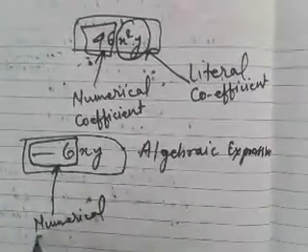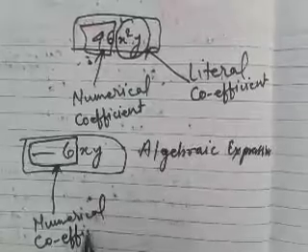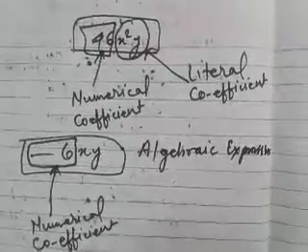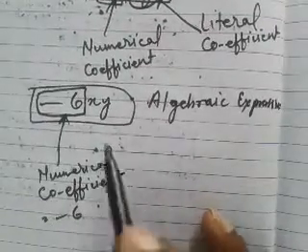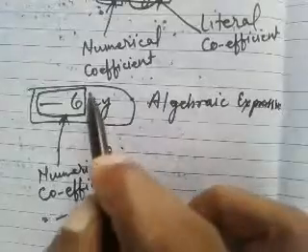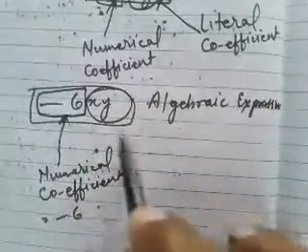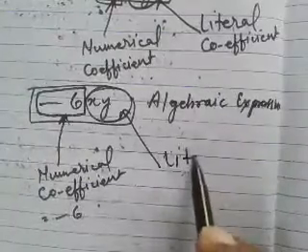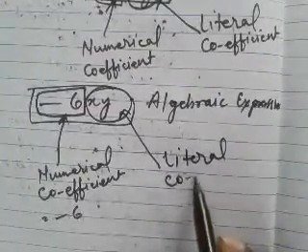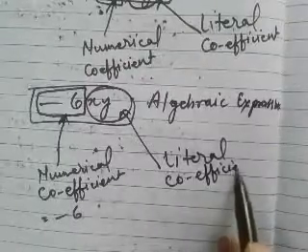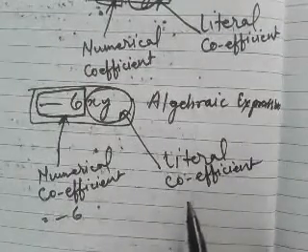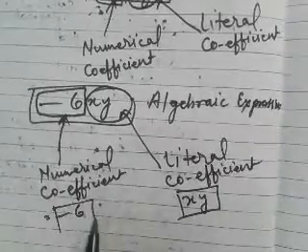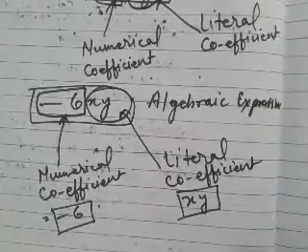So minus 6 is the numerical coefficient for this term, and the variable xy is called the literal coefficient. Here the literal coefficient is xy and the numerical coefficient is minus 6.